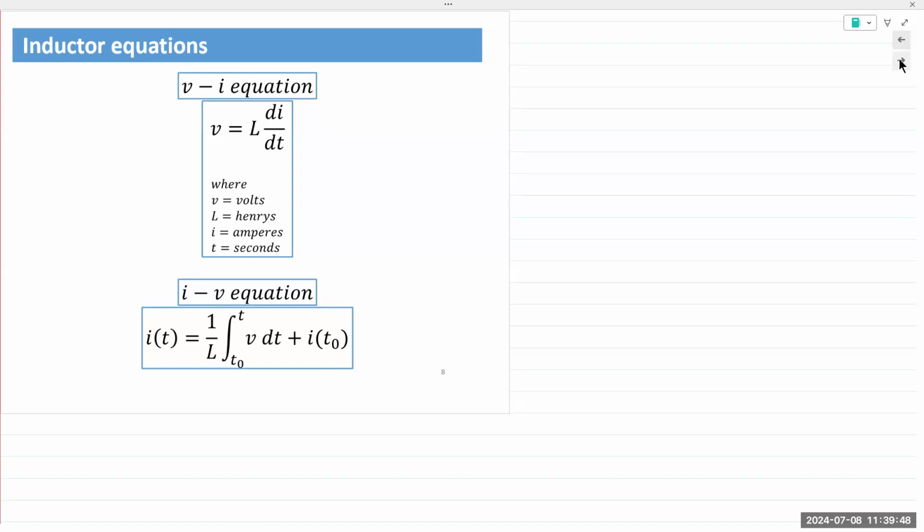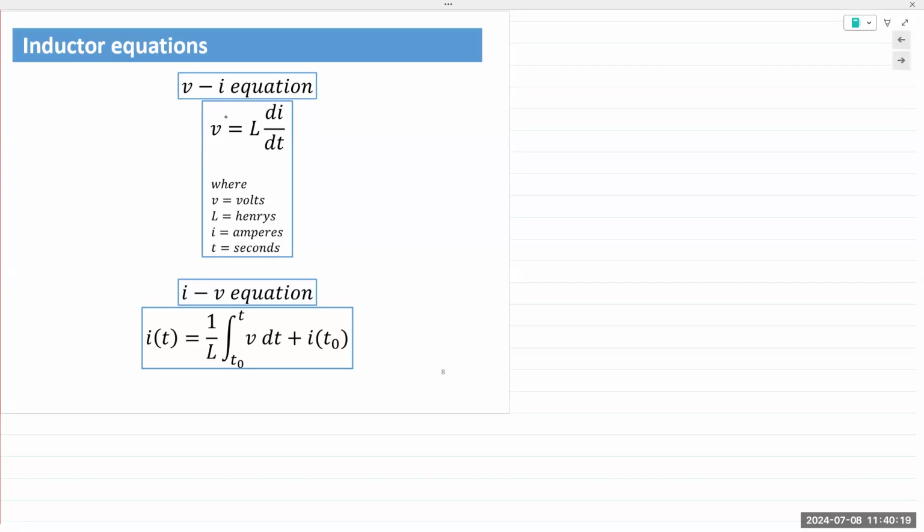So the primary equation for an inductor is V equals L di over dt. Voltage is the product of the inductance and the time derivative of the current. As the current changes, the rate of change of current gives you the voltage. Depending on how fast the current changes, the voltage across the inductor would change.